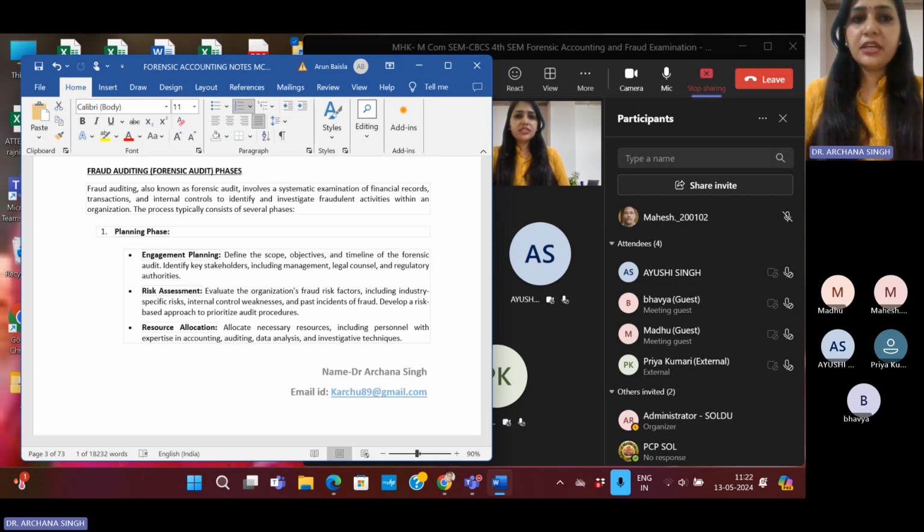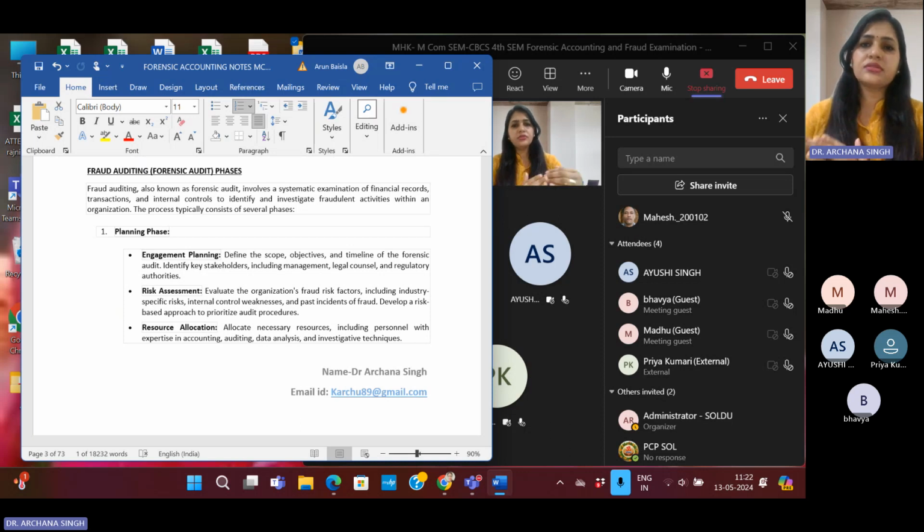This process typically consists of several phases that we will discuss one by one. While doing the auditing process, the auditor has to follow a systematic process, and that systematic process contains several phases. First one is your planning phase, which is engagement planning. It includes engagement planning, risk assessment, and resource allocation.